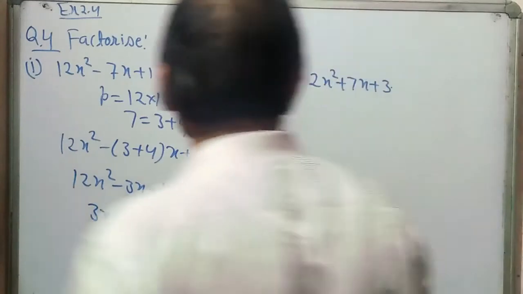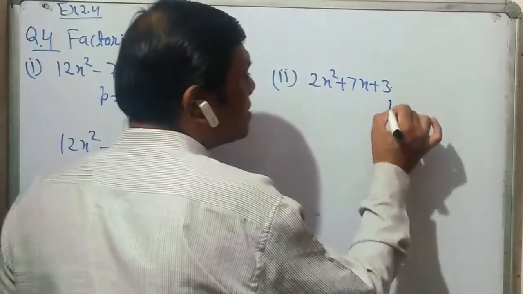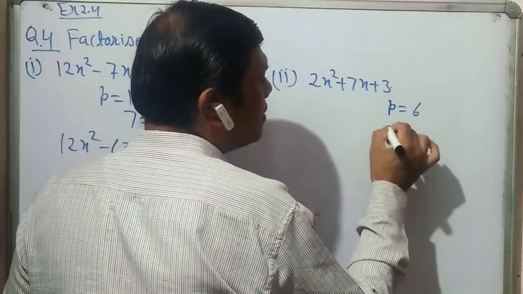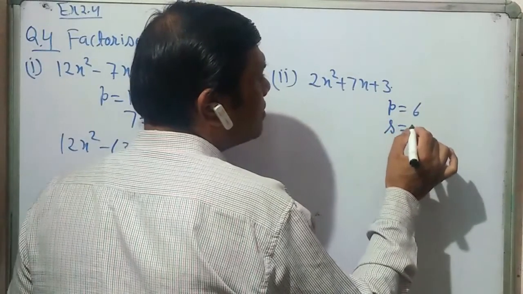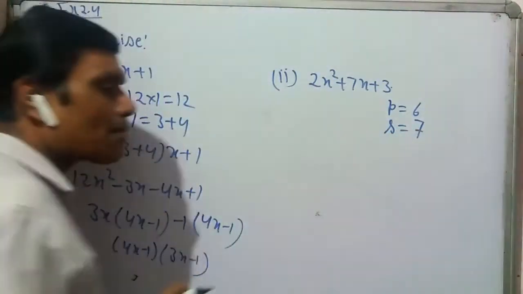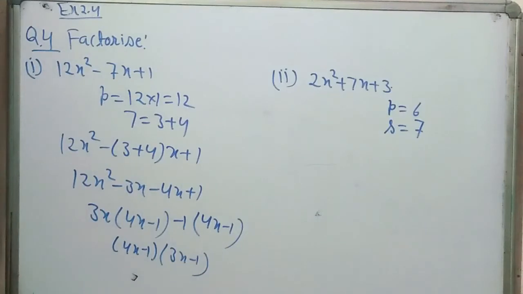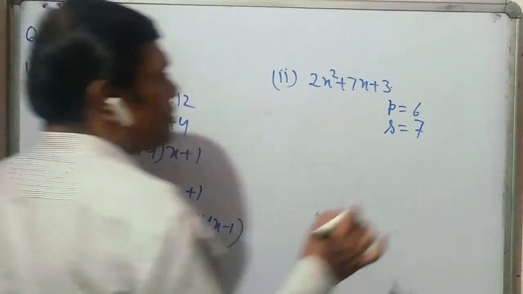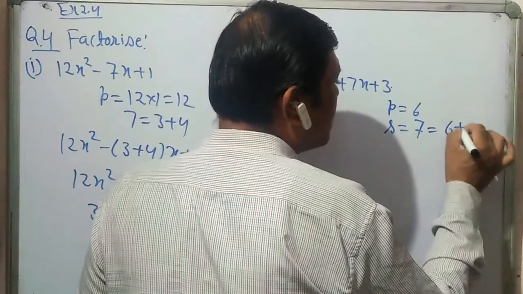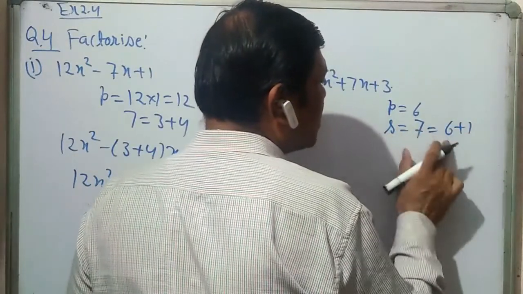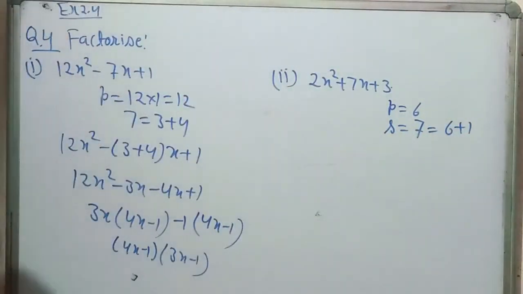Right? In the second part, what we are seeing is the product is 6, the sum is 7. What we can do, we can take this 7 as 6 plus 1. 6 into 1 is 6. 6 plus 1 is 7.